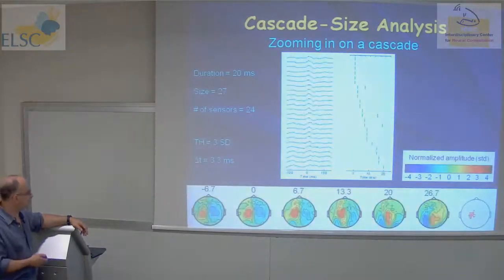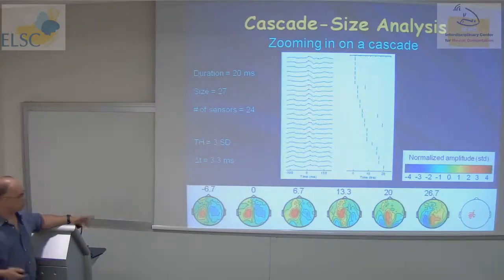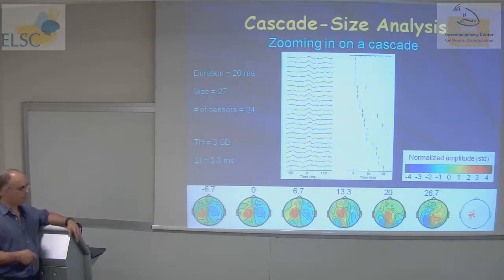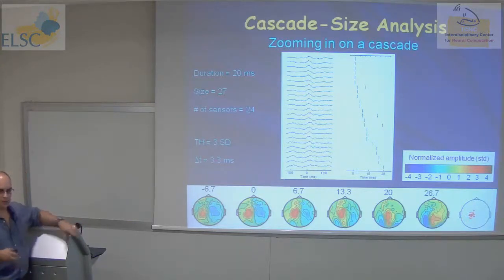We can also look at the brain activity, just an interpolation of the sensor activity. So this is slightly before the avalanche, and during the avalanche you see this hot area, and then it dies out after the cascade. So you get some evolution of activity here, and these are the sensors that were involved in the cascade. In this case, these sensors form a spatially contiguous cluster.